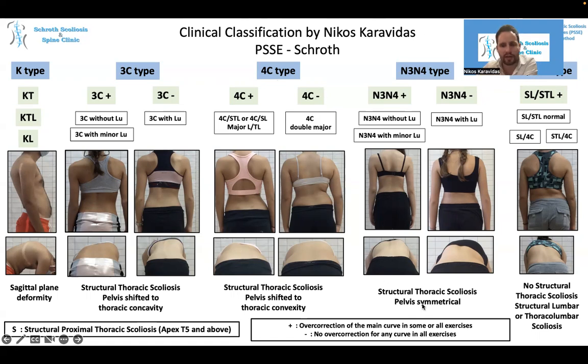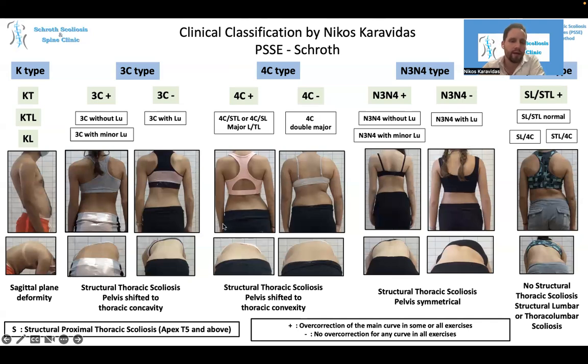When you have a structural thoracic scoliosis and the pelvis is balanced in the middle, this is non-3, non-4 type. And when you don't have a structural thoracic scoliosis, then you just have to wonder, do I have a structural lumbar or thoracolumbar scoliosis? In this case, the classification is SL or STL, so single lumbar or single thoracolumbar scoliosis.